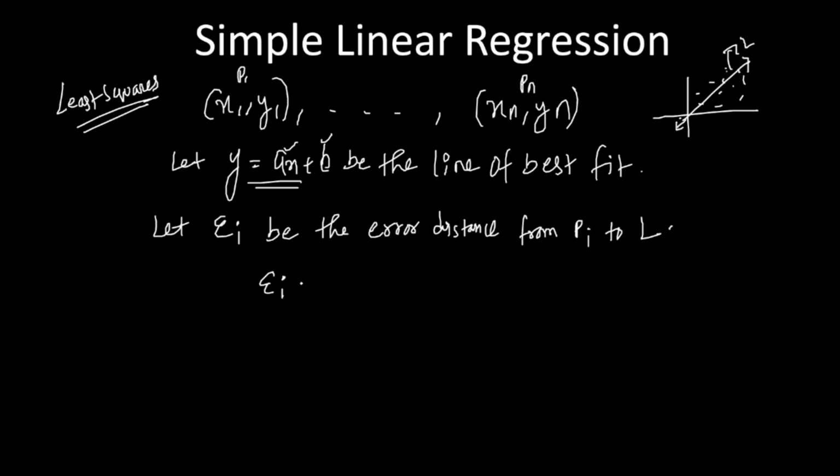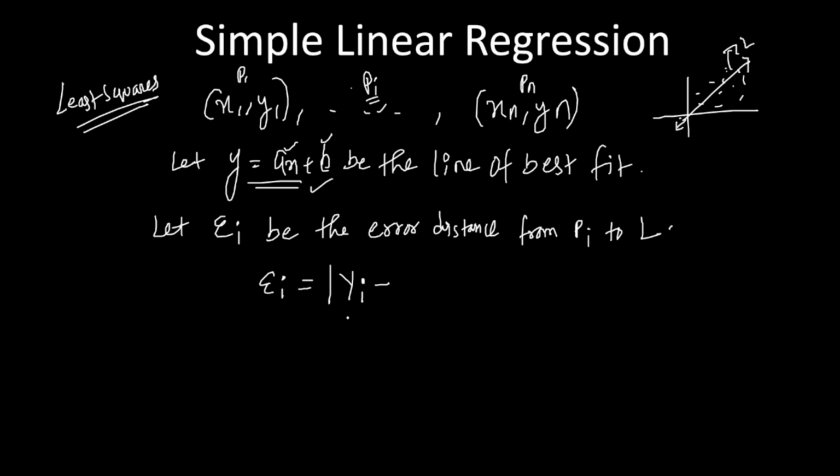Epsilon i should be the distance between the point yi, minus the y coordinate of the point which is on the predicted line. On the line, if you put in xi, you will get a corresponding value of y, which is the predicted y coordinate for that particular point Pi, right?